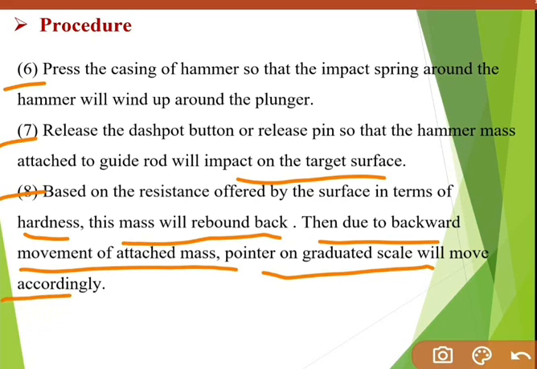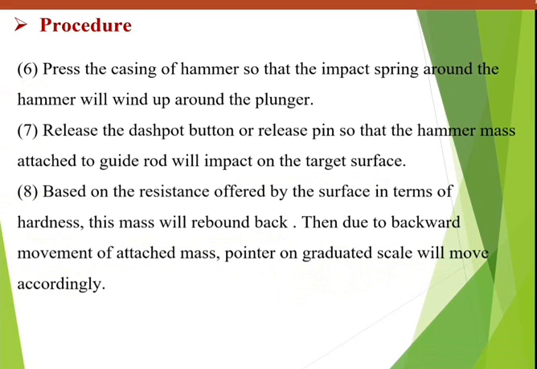After the impact of needle on the concrete surface, it will bounce back because of the hardness of that surface and it will give the readings on graduated scale. So this is the procedure for carrying out the rebound hammer test.